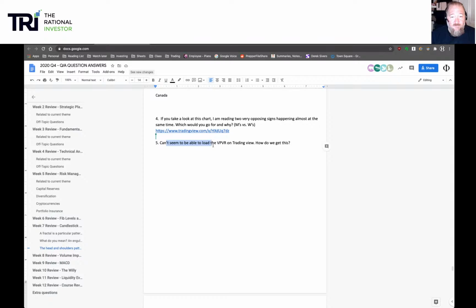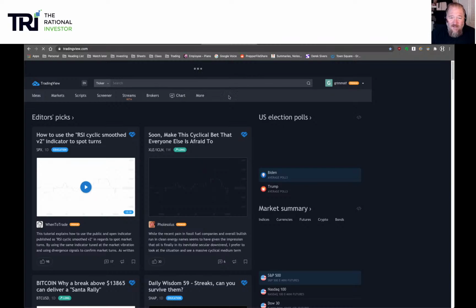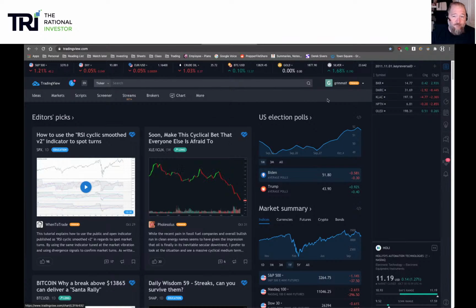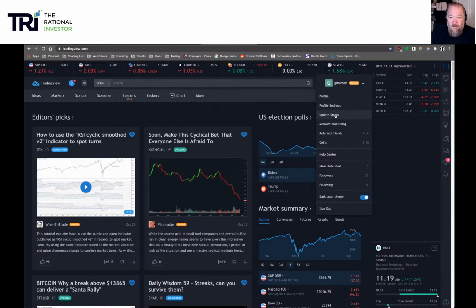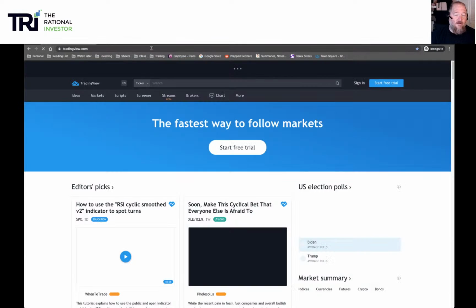I can't seem to be able to load the volume profile on TradingView. So you have to have, I think, a premium account on TradingView in order to look at volume profile. It's not really important for you guys in level 1. We're going to learn volume profile in level 2. But let me load incognito and go to TradingView and see what the account levels are.